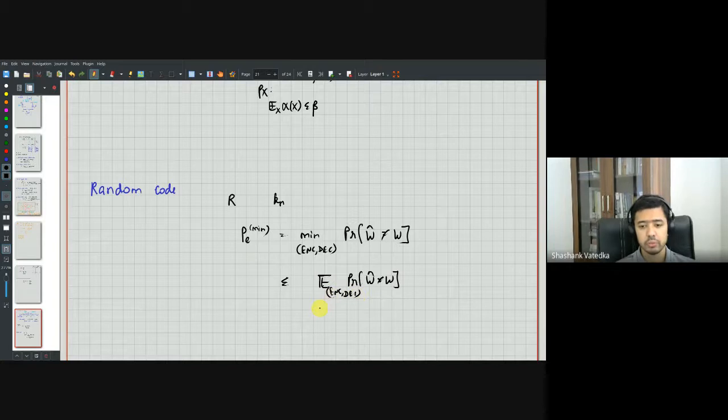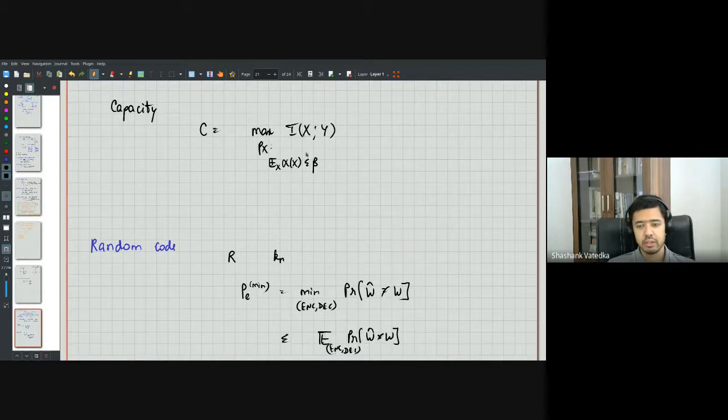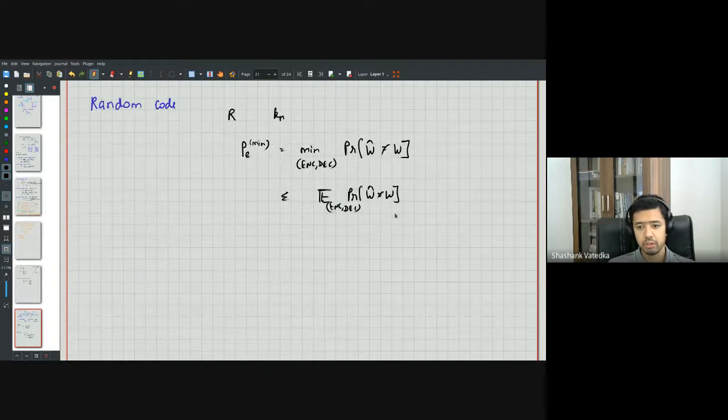You choose a random code and you fix a particular decoder and you analyze the expected probability of error. And now we will show that as long as r is less than this mutual information minus some suitable epsilon, this probability of error in fact decays exponentially in n. So this is less than or equal to e to the minus gamma times n for some constant gamma.